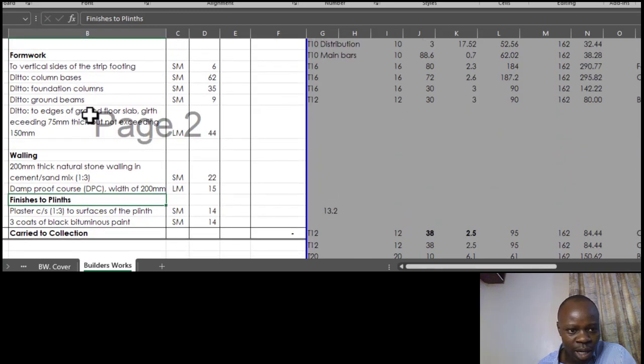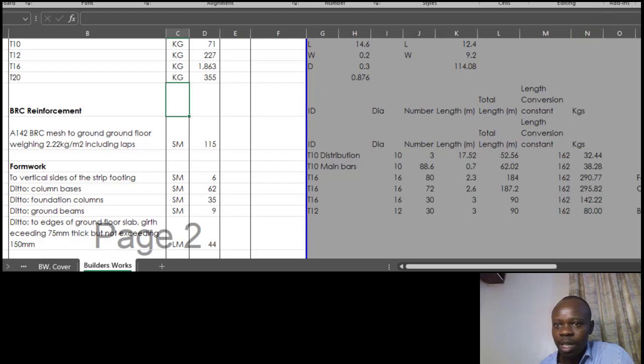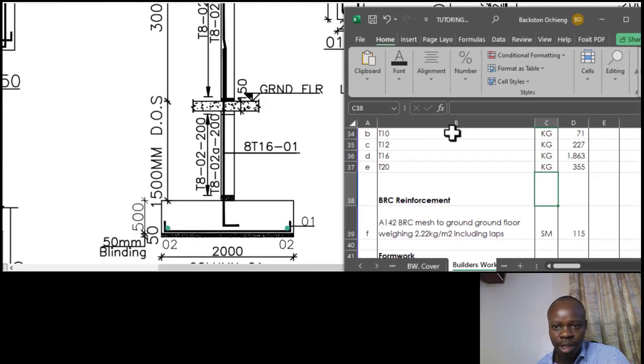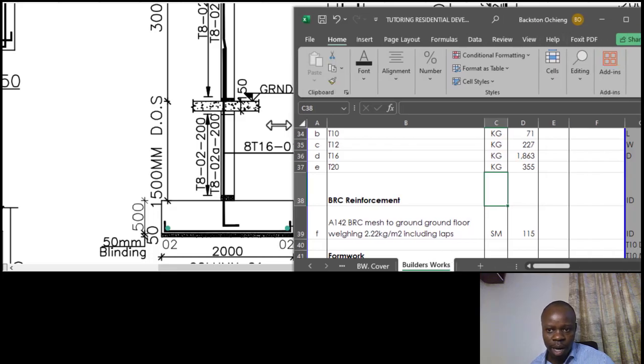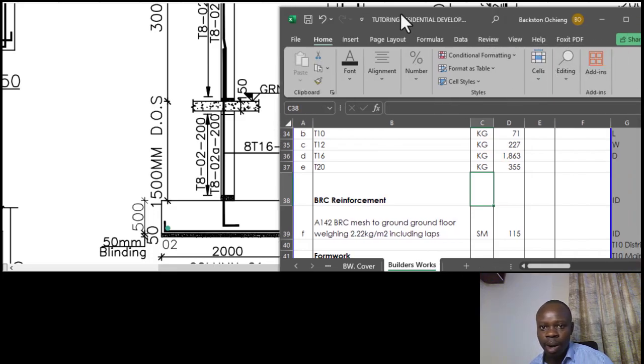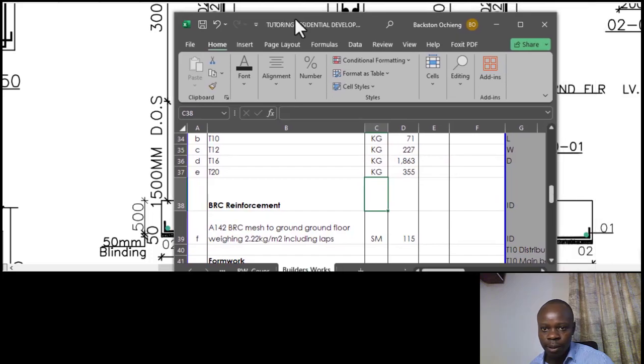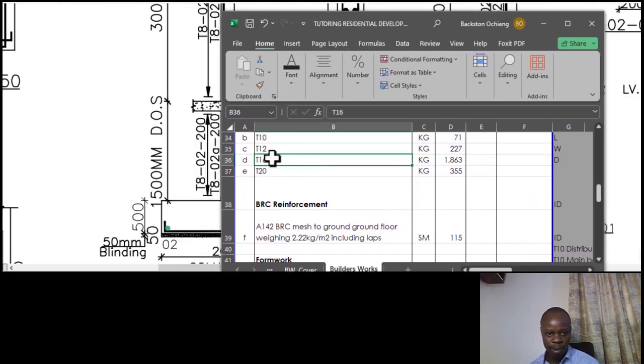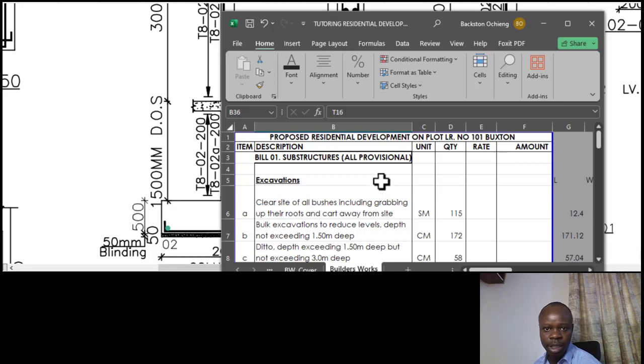Looking at what we've done so far, just to make sure that everything is in order, I can see the substructure works is complete. Let me confirm our editing so that we make sure that everything is properly edited.